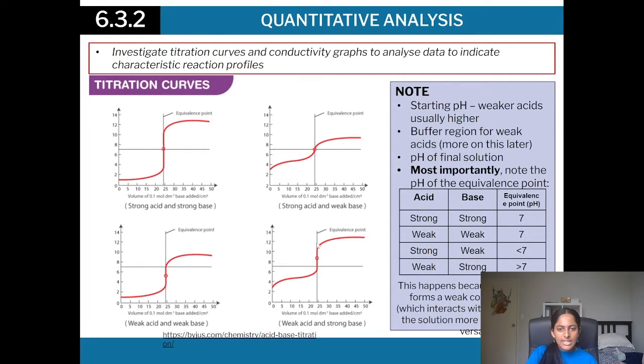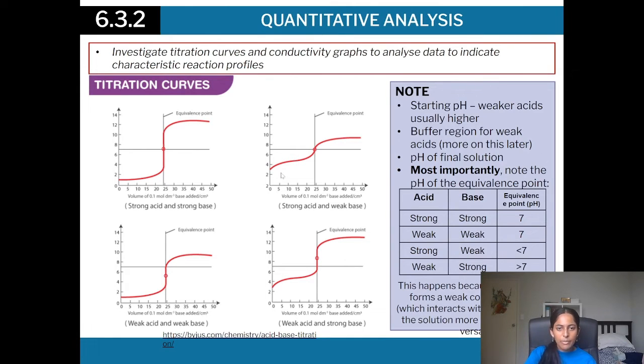In, let's say, a strong acid, weak base, what happens when you have weak acids or bases is that you form something called a buffer. A buffer region is pretty much when you have resistance to pH changes. So a buffer pretty much doesn't want to change its pH.